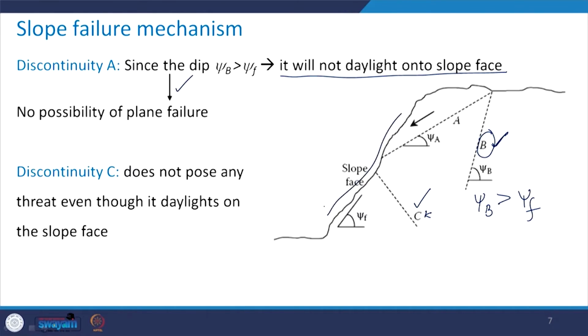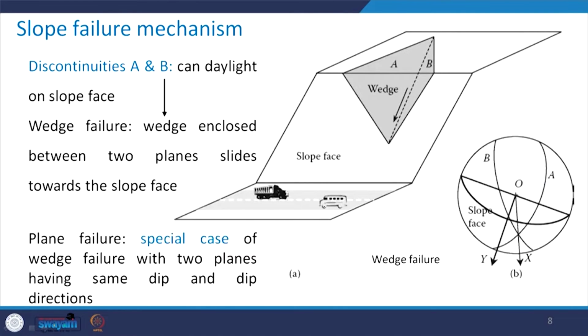So, this is how one needs to look at the relative orientation of these discontinuities along with the orientation of the slope face in order to decide whether a particular type of slope failure can occur or not. So, here we discussed about one type of slope failure mechanism, which is the plane failure. There are few more. So, let us have a look.